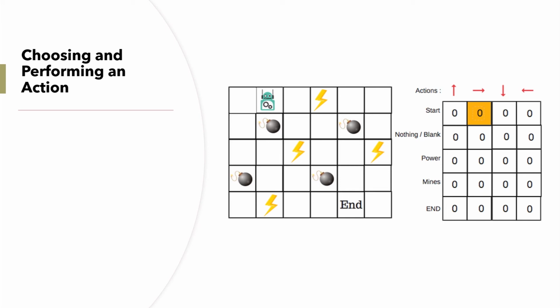For the robot example, there are 4 actions to choose from: up, down, left and right. We are starting the training now. This robot knows nothing but the environment. So the robot chooses a random action, say right.